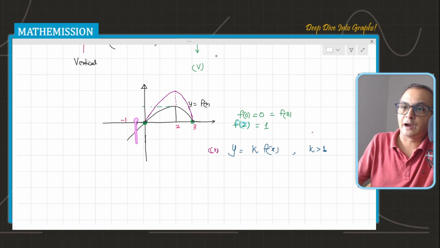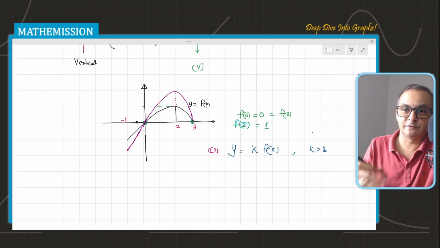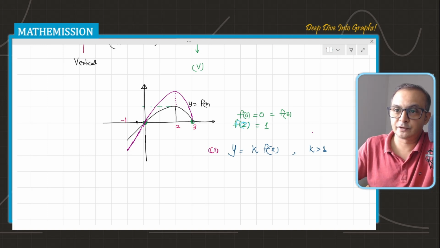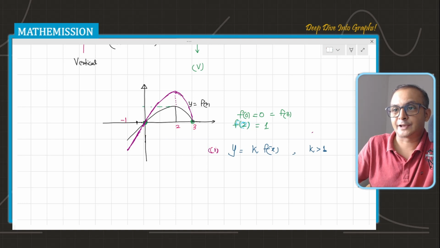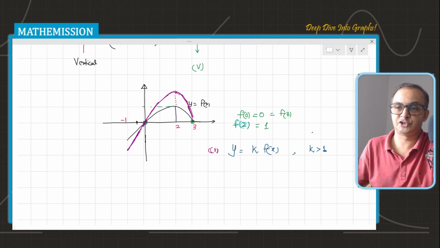It means our graph will come down, and at -1 it will give you k times the value at -1. So this is the graph you have seen. It is actually giving you the vertical stretch.